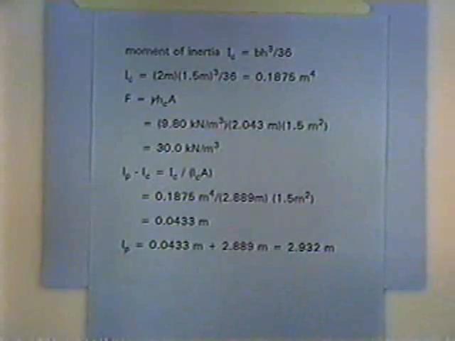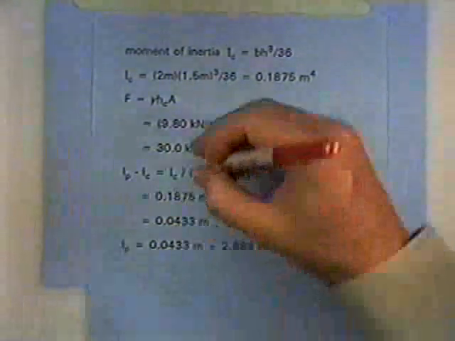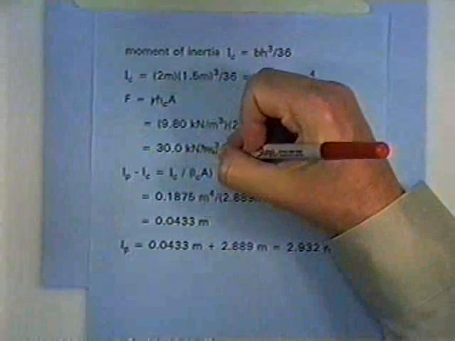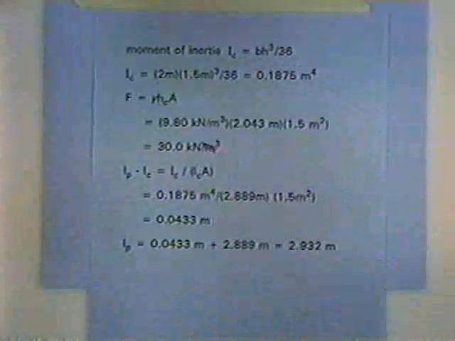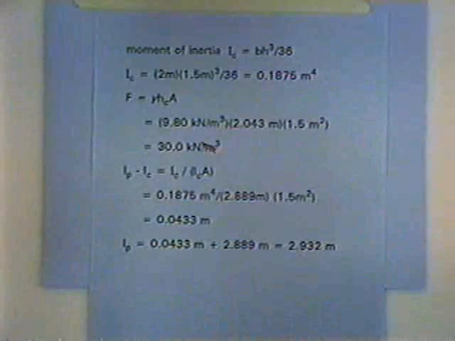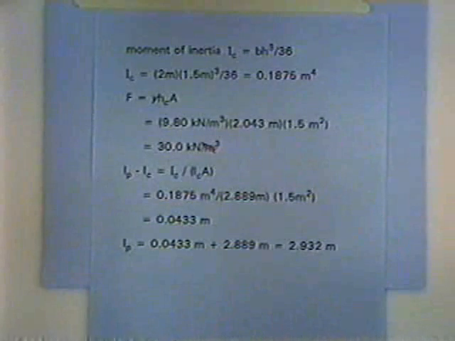I've got a typo there, don't I? We need to fix that. We need to mark out the cubic meters there. That's just 30 kilonewtons. So I just made an error in the notes that we need to correct. So the answer, the force, is 30.0 kilonewtons.